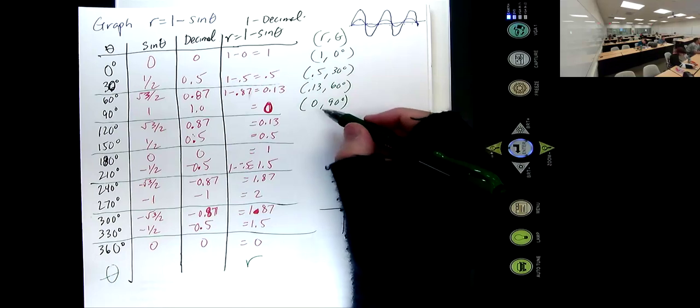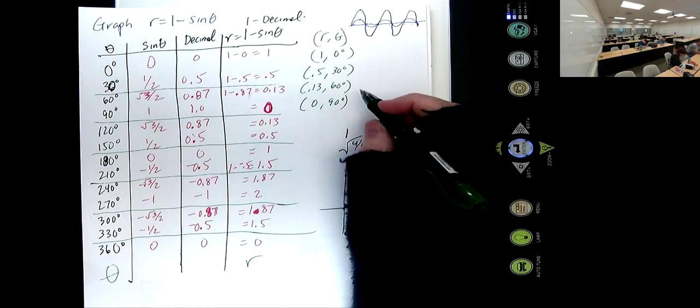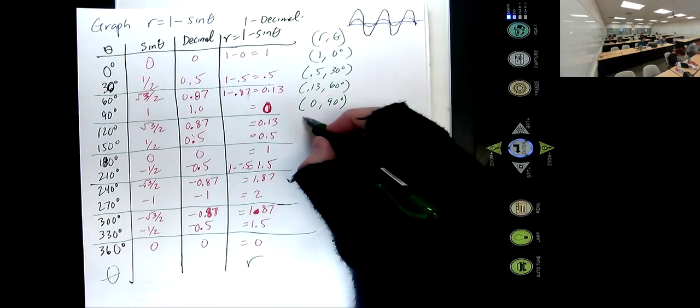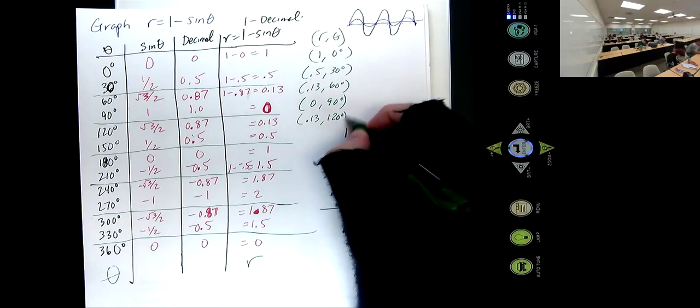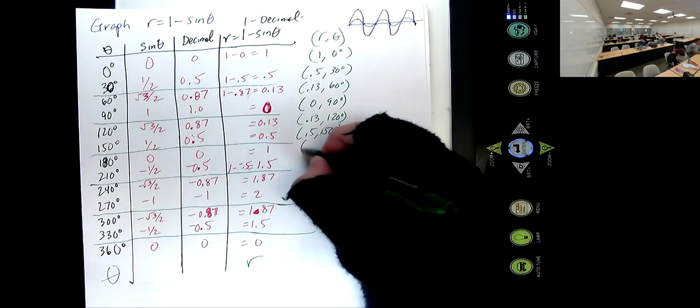If you organize your table well, you will have them side by side, but I didn't do that because I never remembered to put a column for R in the beginning. But it's not that bad.